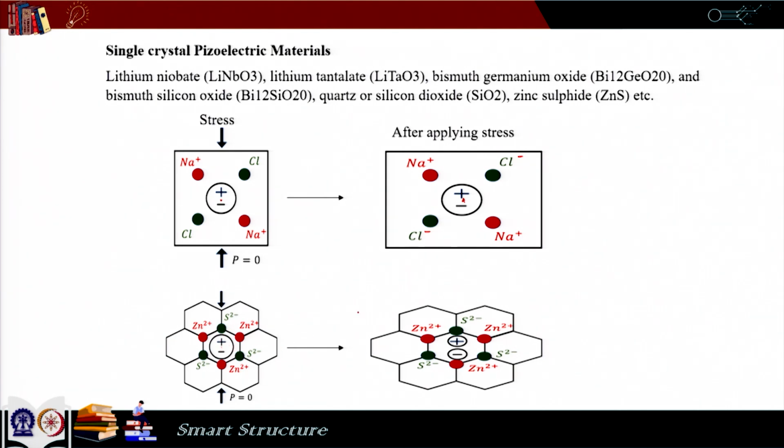Now, if we apply stress to it, it deforms in this fashion, and in this situation the center of the negative charge is here and the center of the positive charge is here. So, the centers of positive and negative charge separate, and then they create a dipole, and that is how piezoelectricity originates. So, if it is not centrosymmetric, after deformation the centers of positive and negative charges separate and a dipole is created.